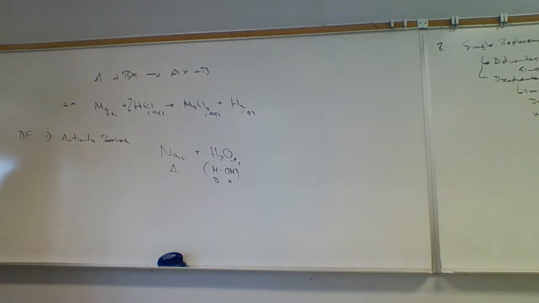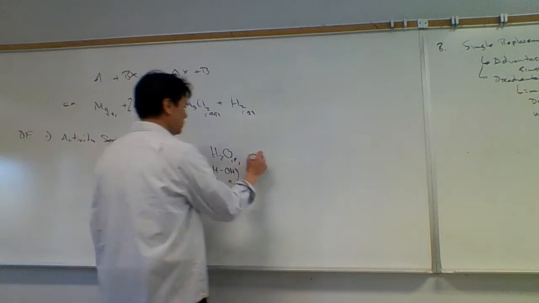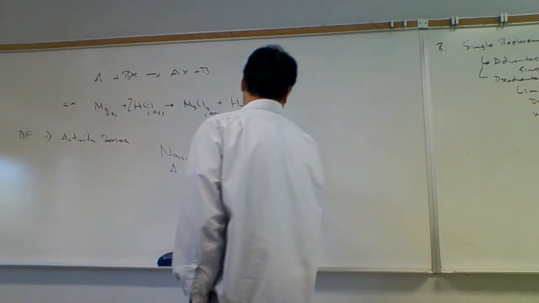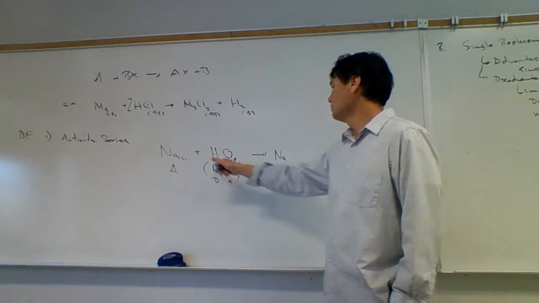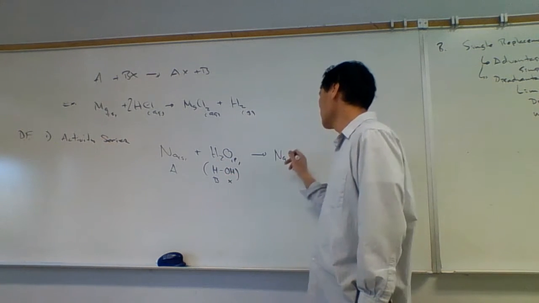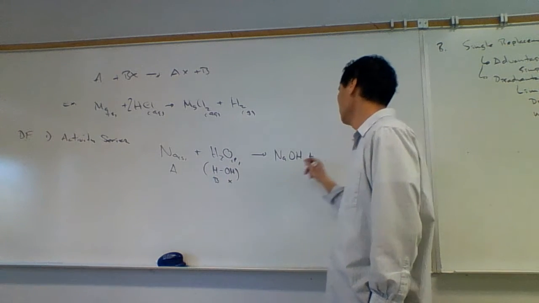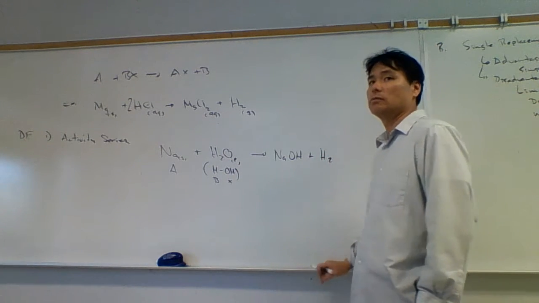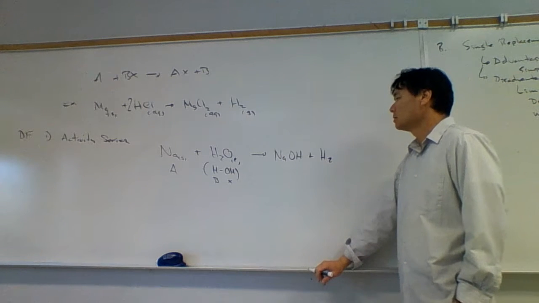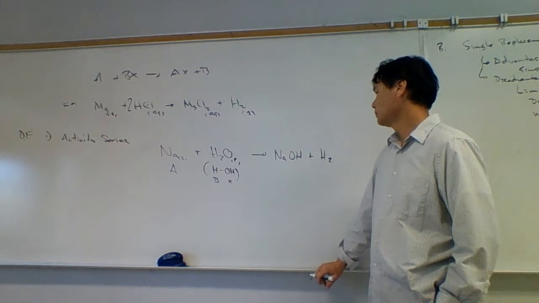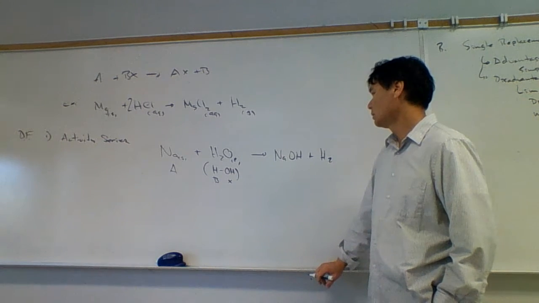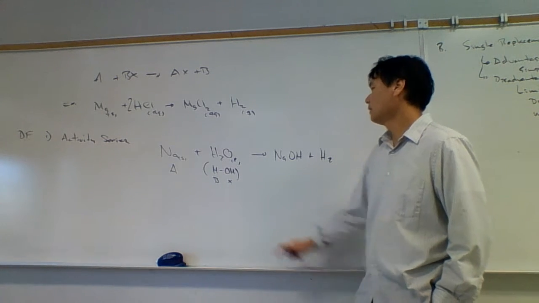And so what forms here? It would be sodium hydroxide plus, and now B is just going to be H2. So we'll need to balance this out. How can I balance it? Well, the sodiums are balanced.